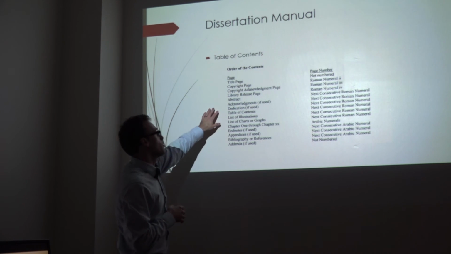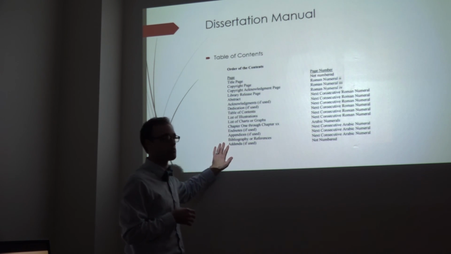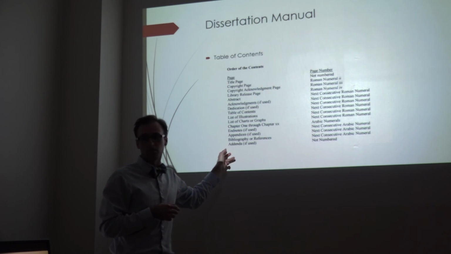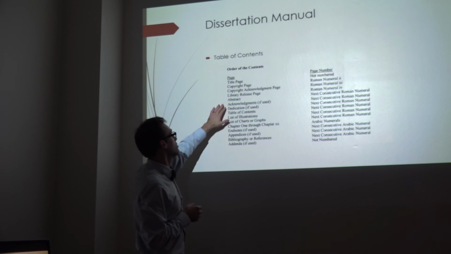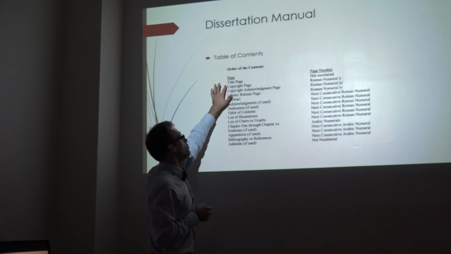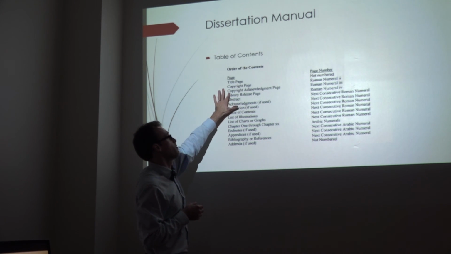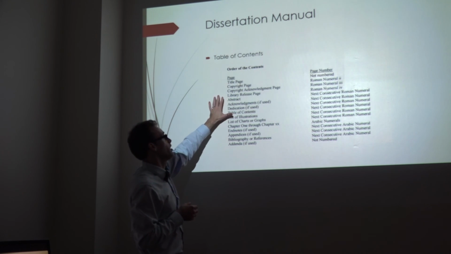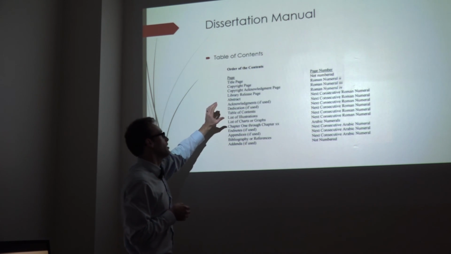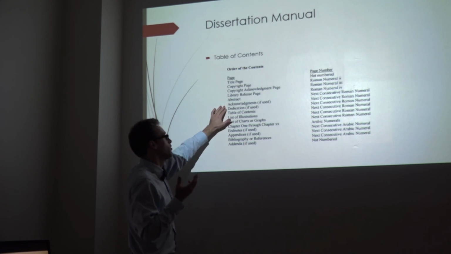Dissertation manual, table of contents. Look through the dissertation manual. Follow this exactly as it appears. You need all of this, well, if not using illustrations, of course, or charts and graphs, omit that, but you need a title page, copyright acknowledgement page, and library release page, abstract. You don't need to use acknowledgements, that's only if you want to, or dedication.